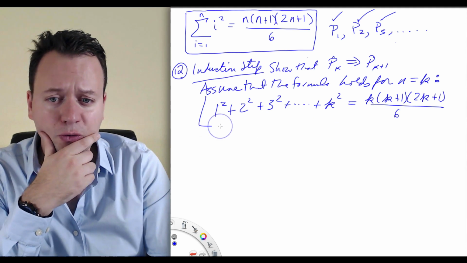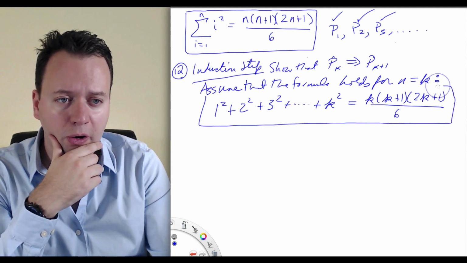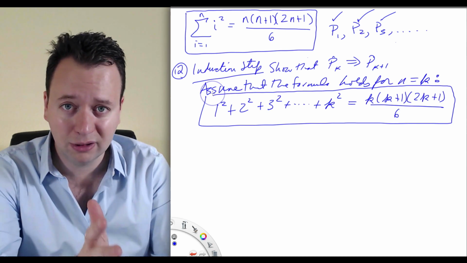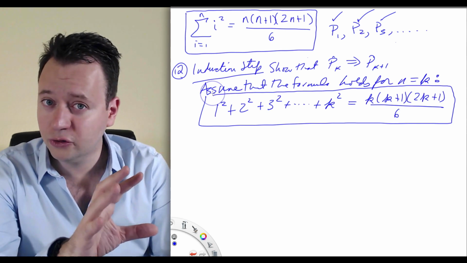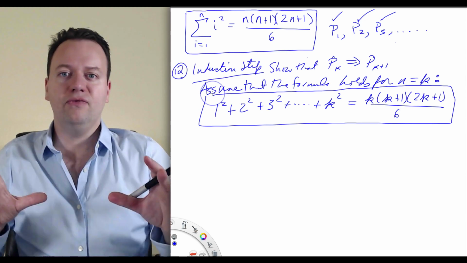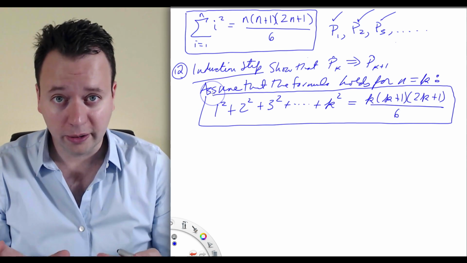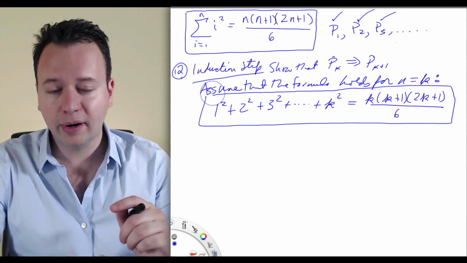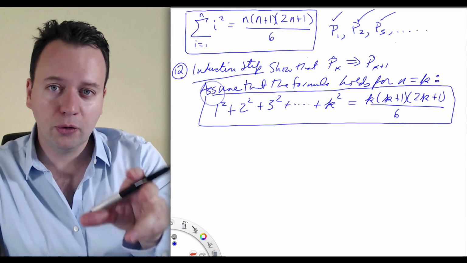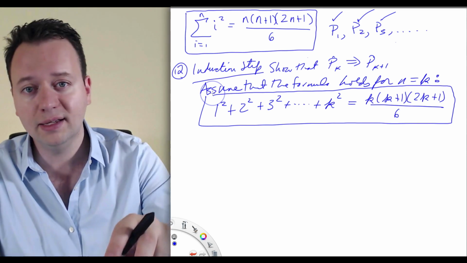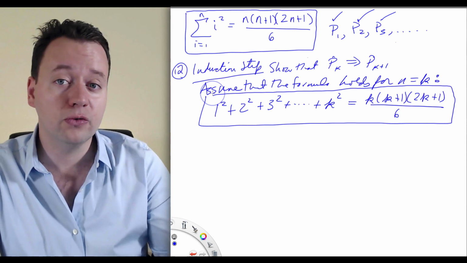So we're assuming that this formula works if we use n equal to k. We know that's true at least for k equal to 1, but now we're assuming for any value of k, the formula works. And if it works for that value of k, will it work for k plus 1? So if it's true for one value of n, will it be true for the next value of n?